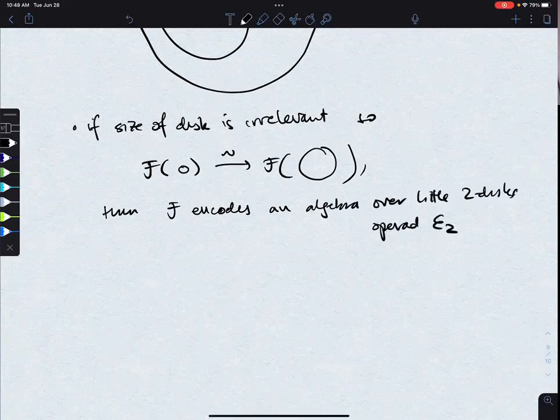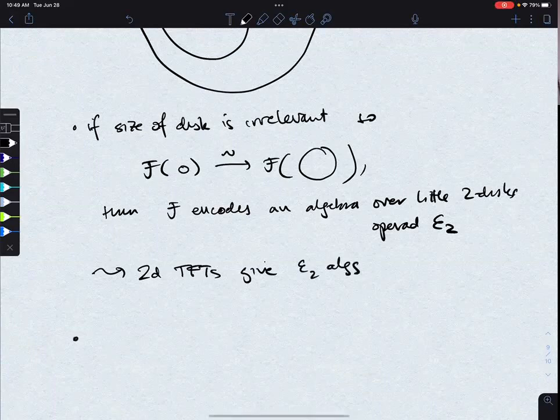You don't need to know what that is, but it's something that topologists care a lot about and have studied in depth. This basically means that 2D TFTs, since they don't care about the size of the observables, give E2 algebras by our meta theorem.